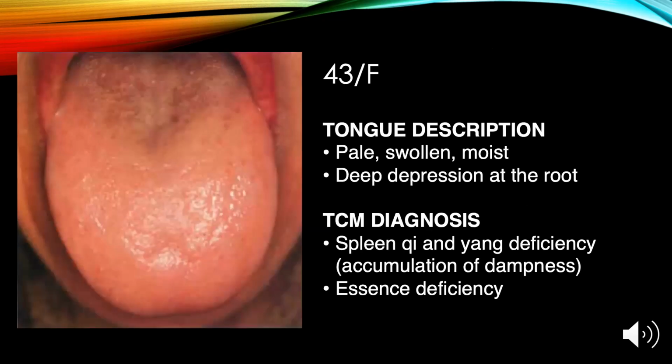Next, we have a 43-year-old female whose tongue looks pale, swollen, and moist, with deep depression at the root. TCM diagnosis: spleen qi and yang deficiency, accumulation of dampness, essence deficiency.